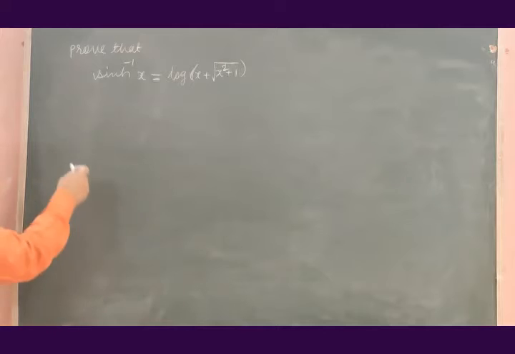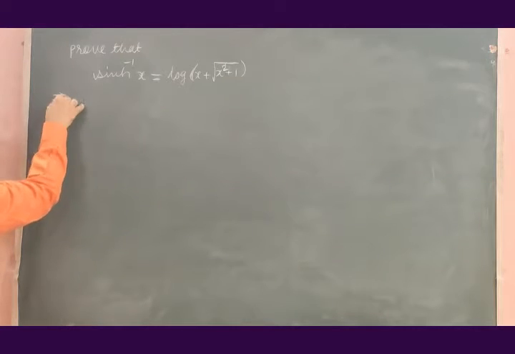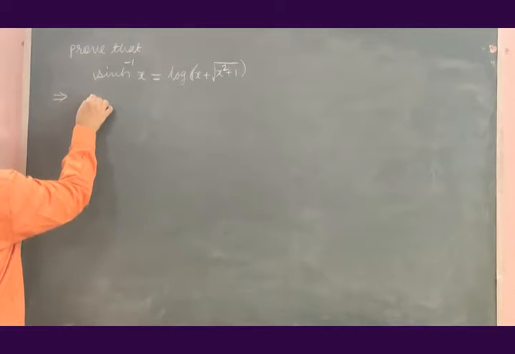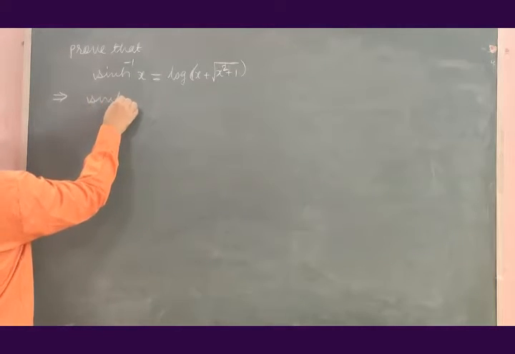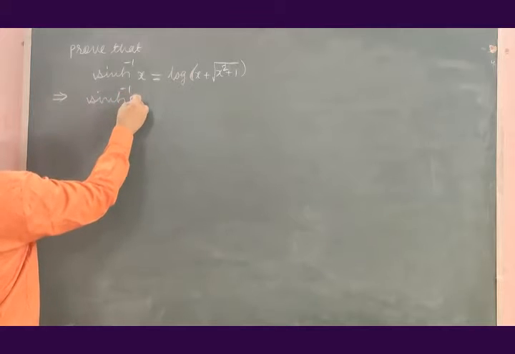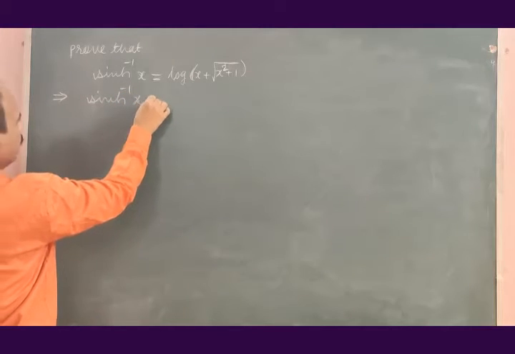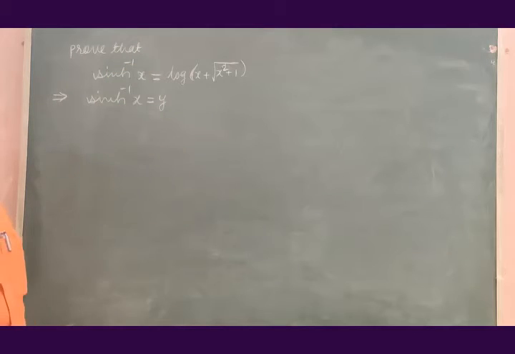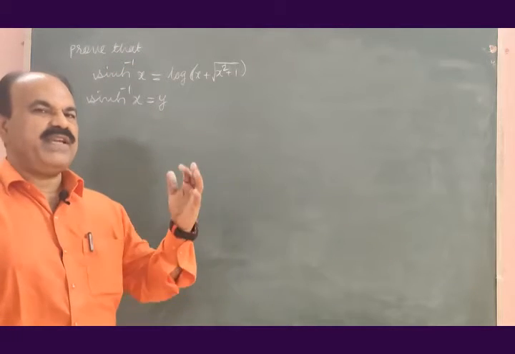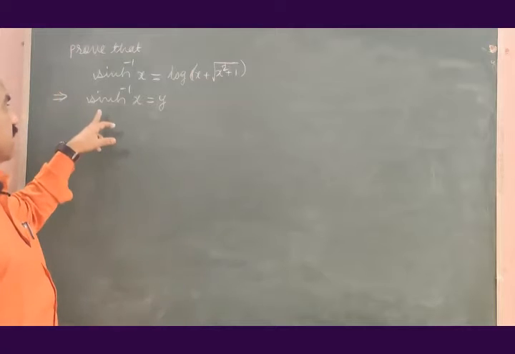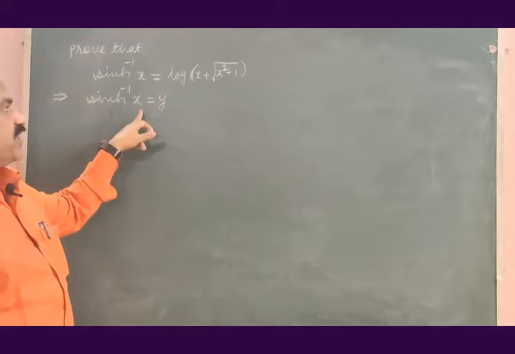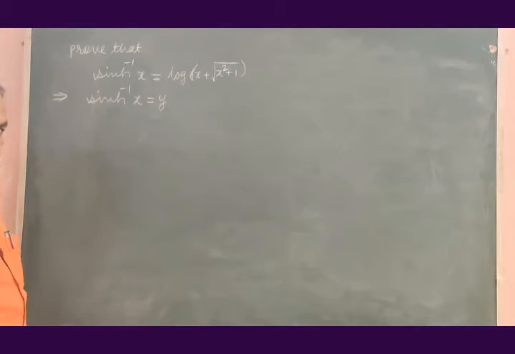Solution. What we have? Inverse of sine hyperbolic x. Let us suppose this is equal to what? Let me assume that inverse of sine hyperbolic of x is equal to y.